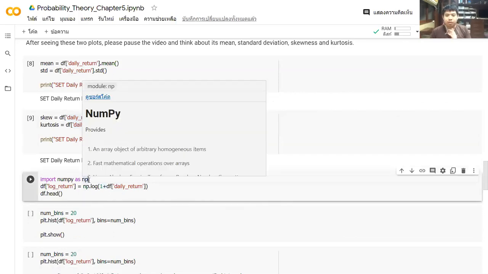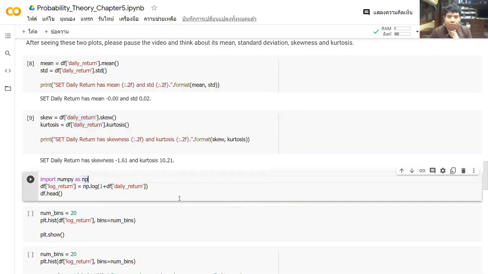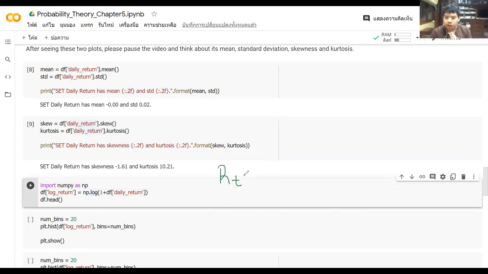But we still have some hope. Some hope that it is log normal. Maybe normal doesn't fit, how about log normal? What does it mean? You construct this because, from the formula, remember, the rate of return is price at t minus price at t minus 1, over price at t minus 1, right?